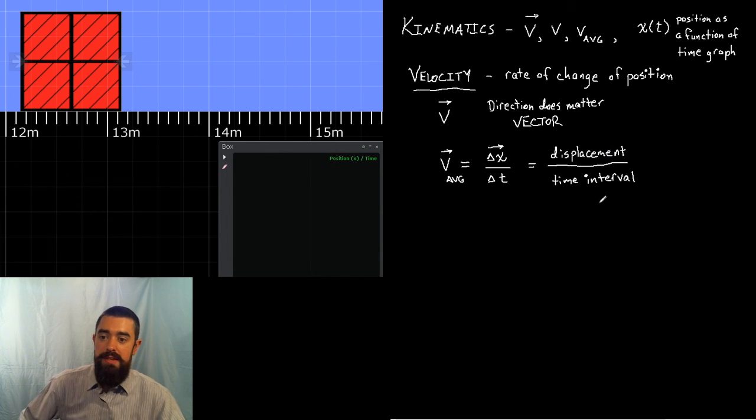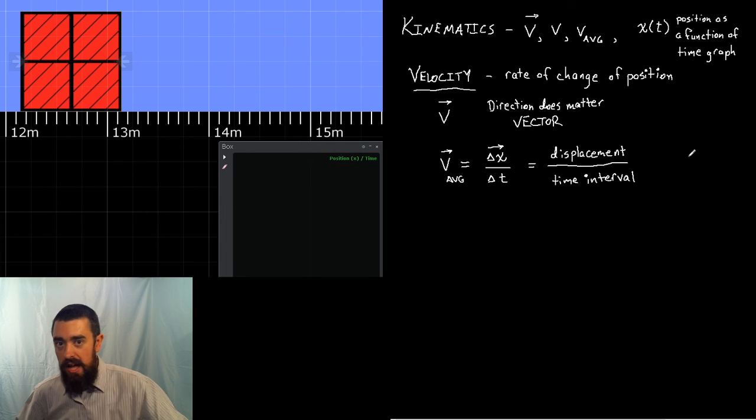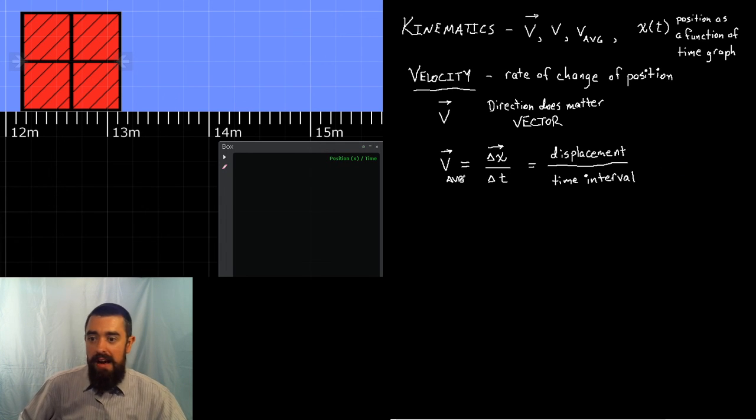Displacement divided by a time interval. And that would give me only the average velocity. If an object was changing its direction, moving to the left and moving to the right, then the average speed would not necessarily be the same thing as the speed. And I'll show you what we mean by that in a moment.